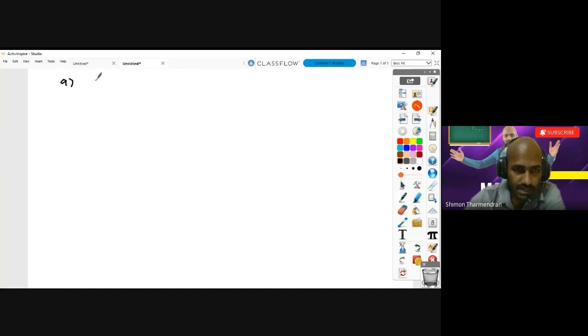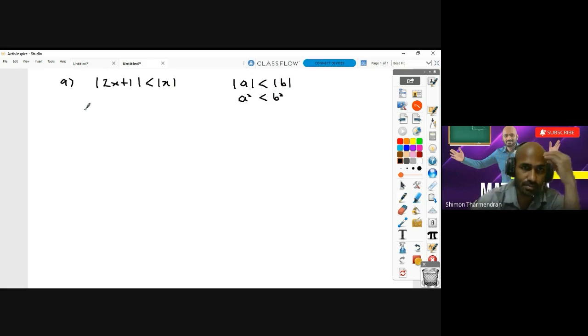So number 9 over here, we've got modulus 2x plus 1 is less than modulus x. When we have modulus A is less than modulus B, or even more than, we remove the modulus, we could just square both sides. Because modulus is positive, and when I square I must also get a positive value.